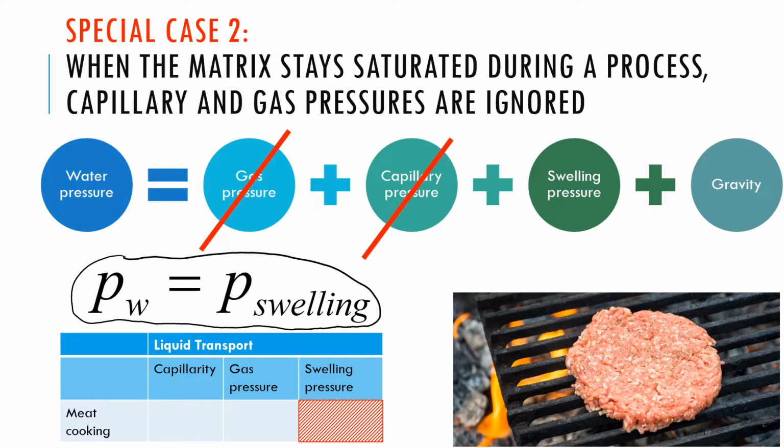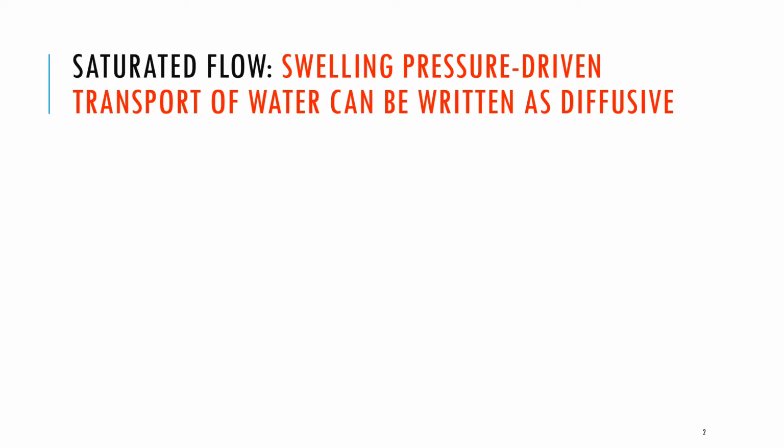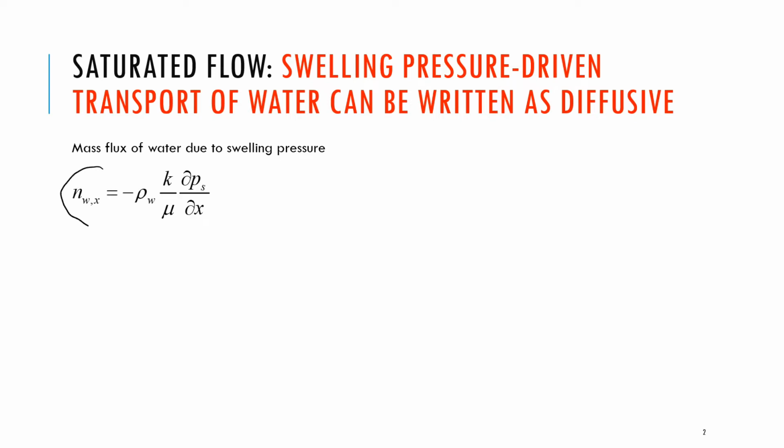Here, the porous media stays saturated. So for swelling pressure driven transport, I can write the flux of water due to swelling pressure this way, where N_W is the flux and del P_S del X is the gradient in swelling pressure.